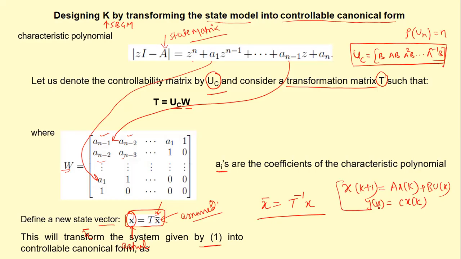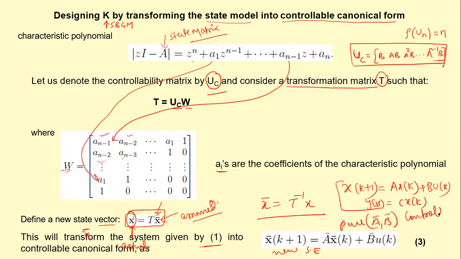So this will be transformed to controllable canonical form, and the new state equation will be this, which is controllable, right? So that means this pair A bar and B bar is controllable.